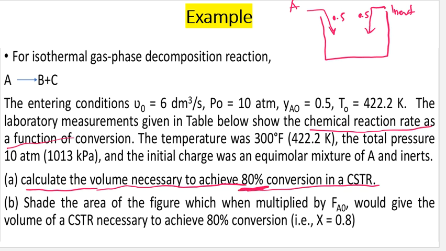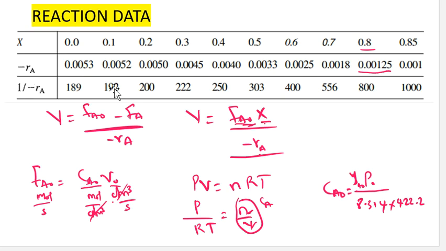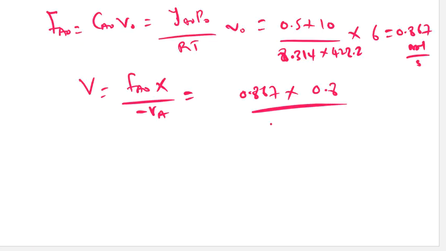And what is our minus RA at 0.8? It is 0.00125. So with that, our volume is obtained as 554.9 dm cube.